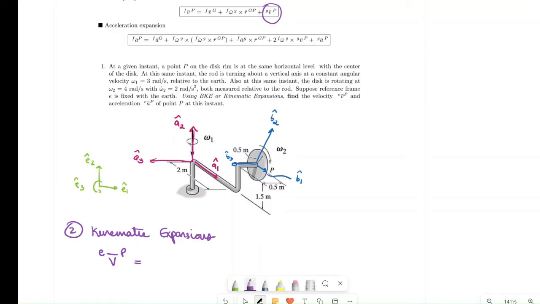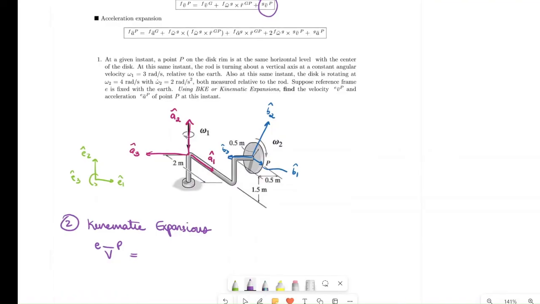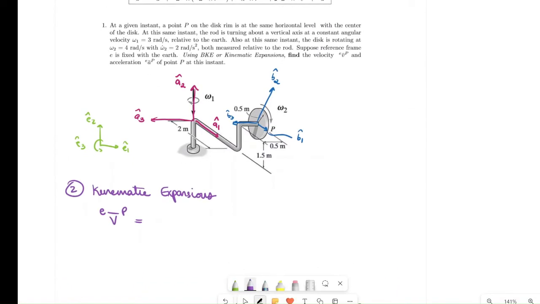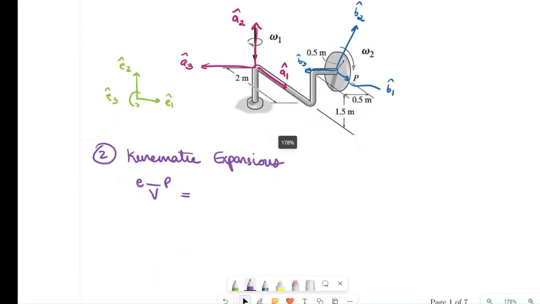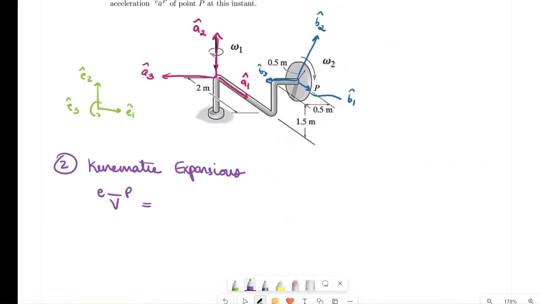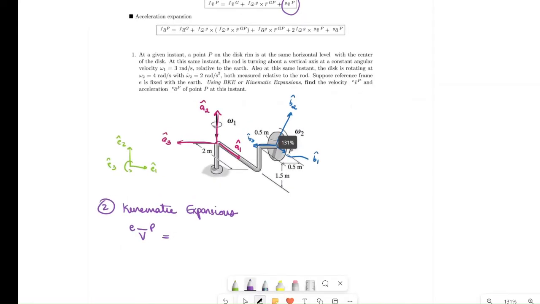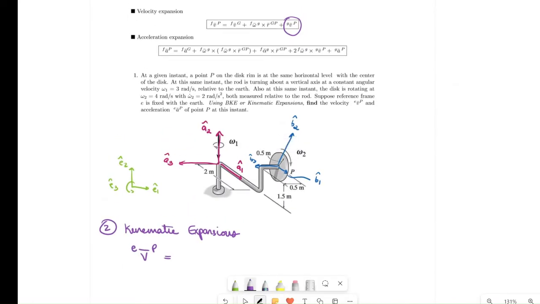So let's say we want to find some point that is fixed in the B frame as our capital B point. This is again because we find it very easy to find the velocity of point P with respect to the B frame. So that means we need to translate this expression into the terms we're using. First we find the velocity of the point P with respect to the E frame.